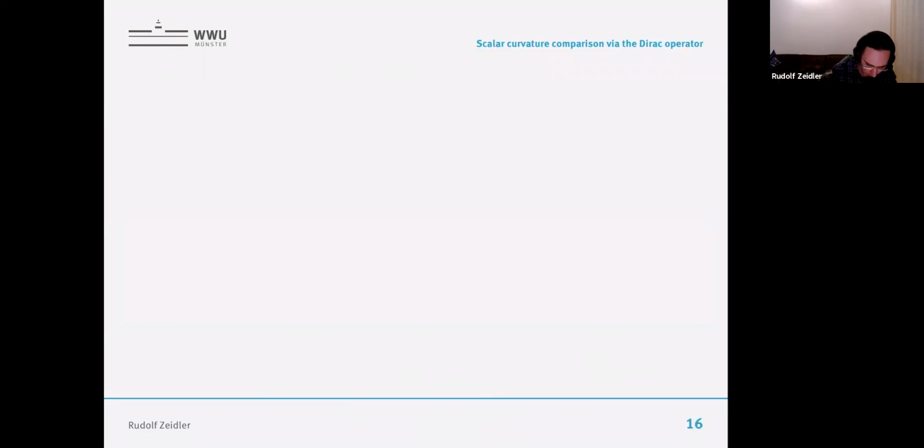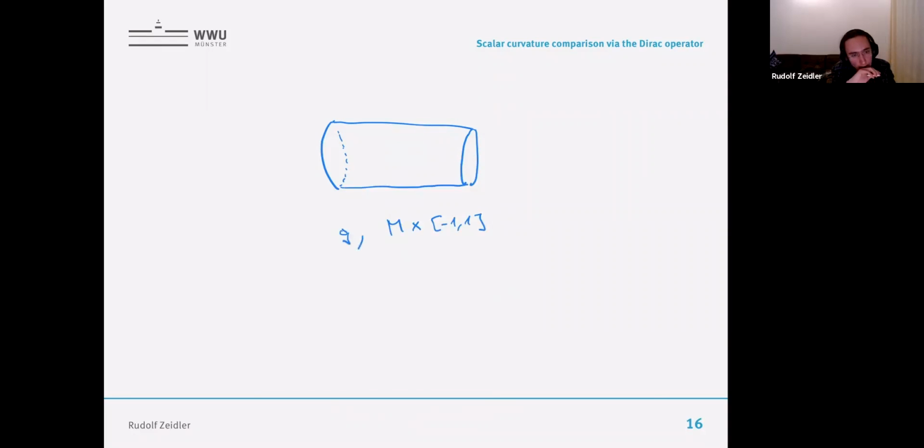Maybe if I just go back here and I look at M cross the interval, and I have some metric g here, then what I can do is just extend this to a complete metric.